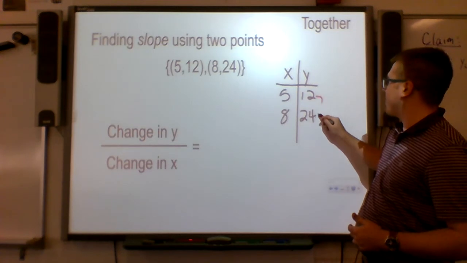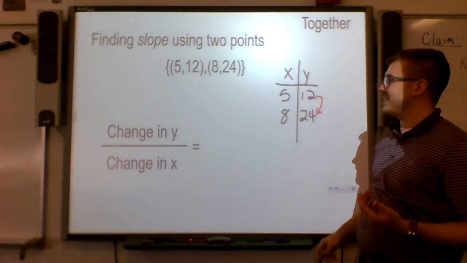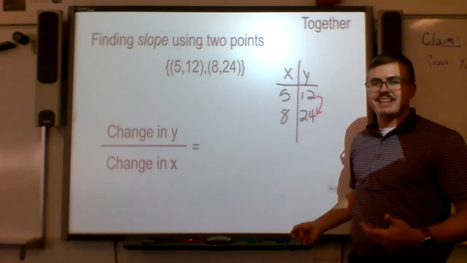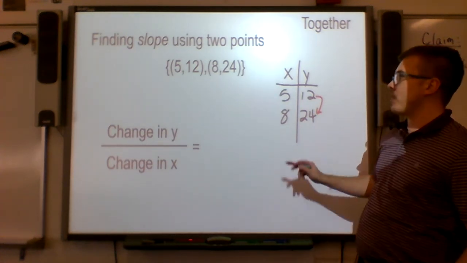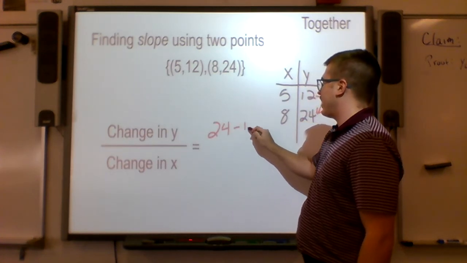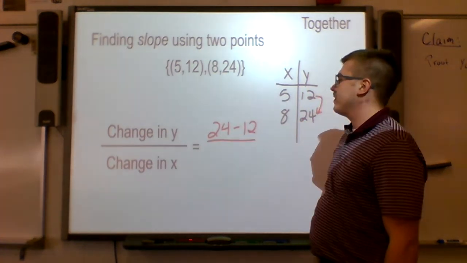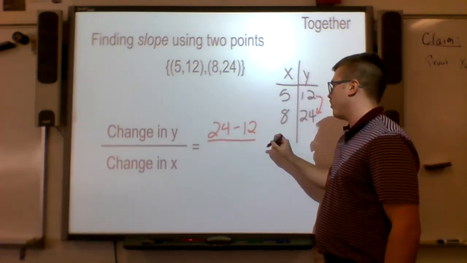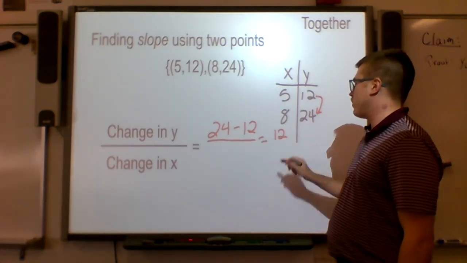If we're trying to figure out what we need to add by to get from 12 to 24, well, to figure out what we need to add by, let's just subtract. We would just subtract 24 minus 12. That would tell us what we need to add by to get from 12 to 24. In this case, it is 12.